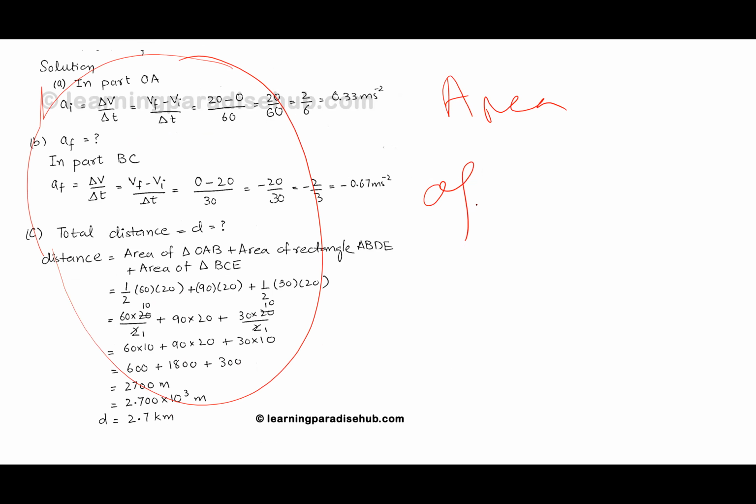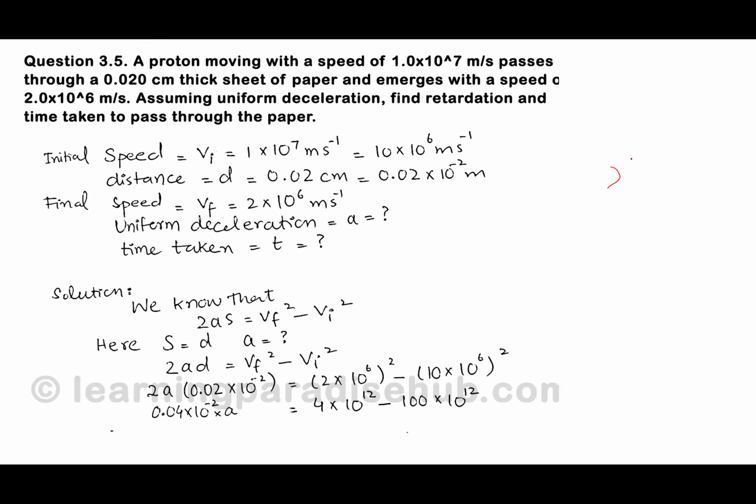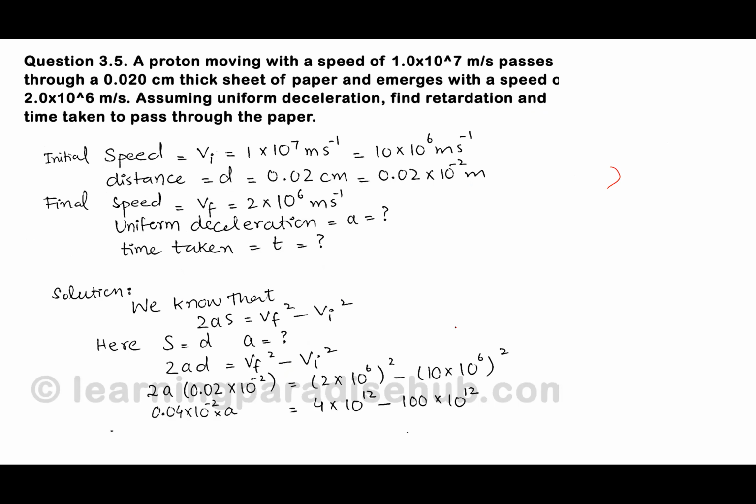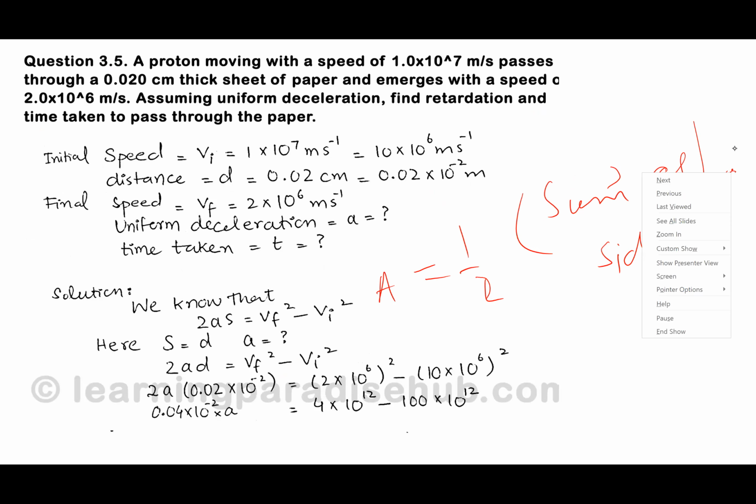Area of trapezium. You can calculate the distance traveled. Remember students, area of trapezium is equal to 1 by 2 sum of parallel sides multiplied by the distance between these two parallel sides.